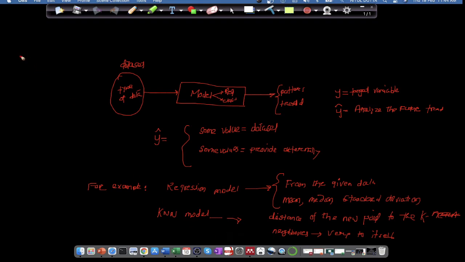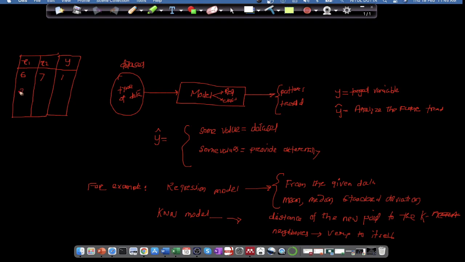For example, this is a data set. We have x1 value, x2 value, and a target variable y. Suppose if x1 is 6 and x2 is 7, then y is 1.